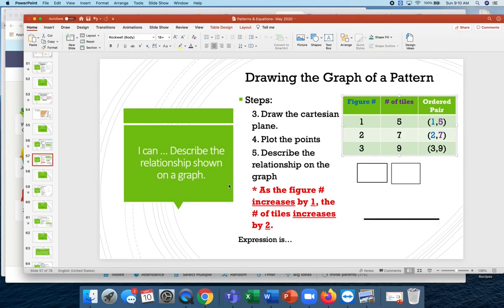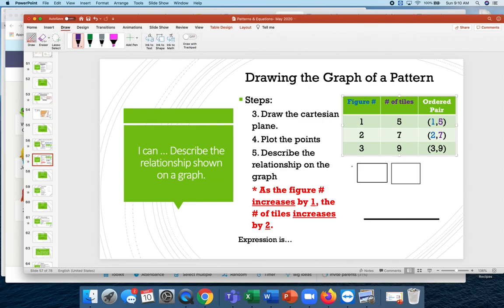So if I were to draw a Cartesian plane, okay, I'm just gonna do this kind of quickly. So say that this was my Cartesian plane, like this. Say I'm gonna jump by 2s, 2, 4, 6, 8.